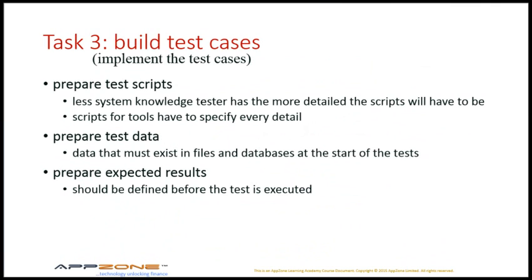It should be defined before the test is executed, and this is determined from the specification. In the requirement, you have what your software is supposed to be doing. That is the expected result. Any deviation from that, of course, during the course of your test, is a failure.